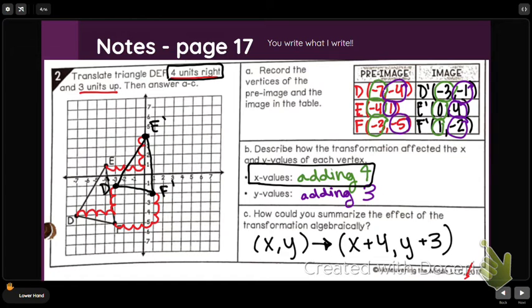So what you should be able to notice now is that, I'll write this up here if you want to write this somewhere, left and right affects the x value. If we look at our y values, in this example it was adding 3, and that went with 3 units up.